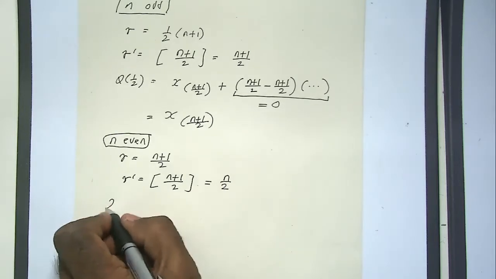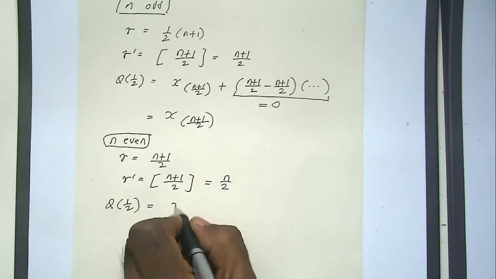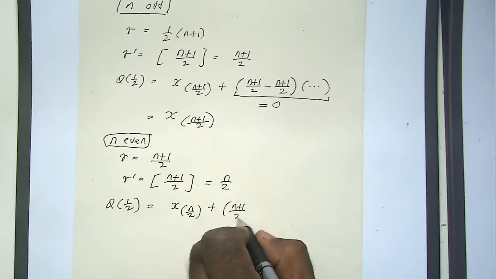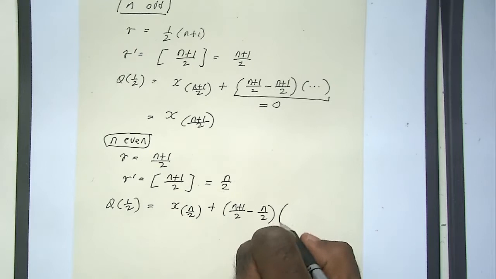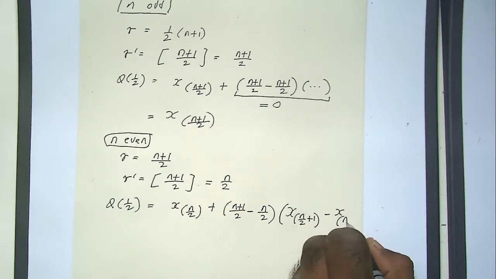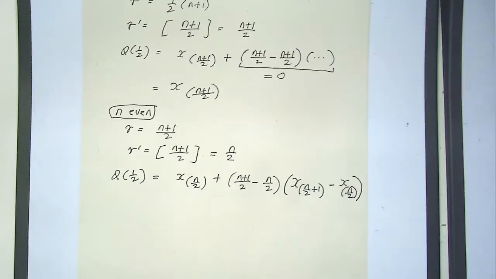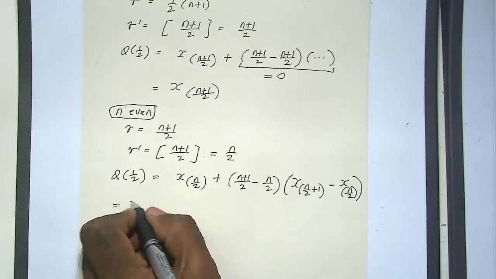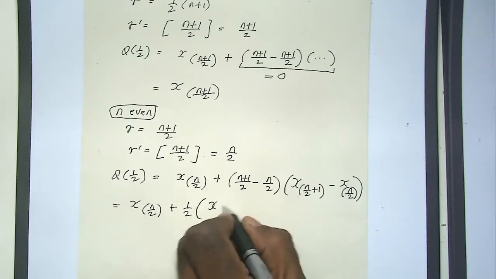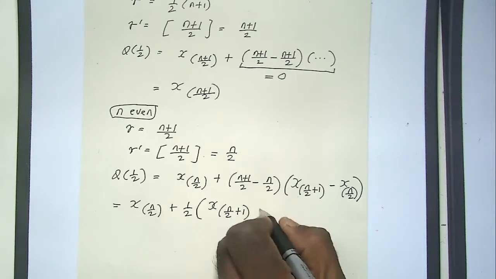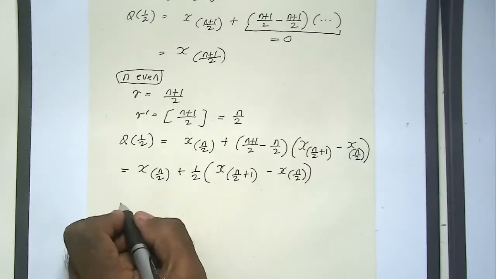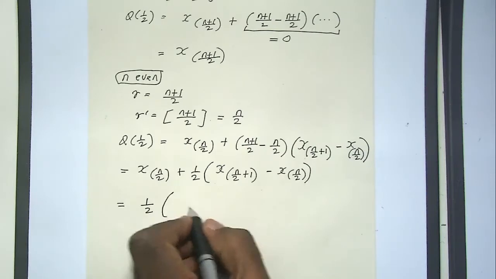Okay, so q half will be, right, and we can simplify this to get, and this can be simplified further to get the following.